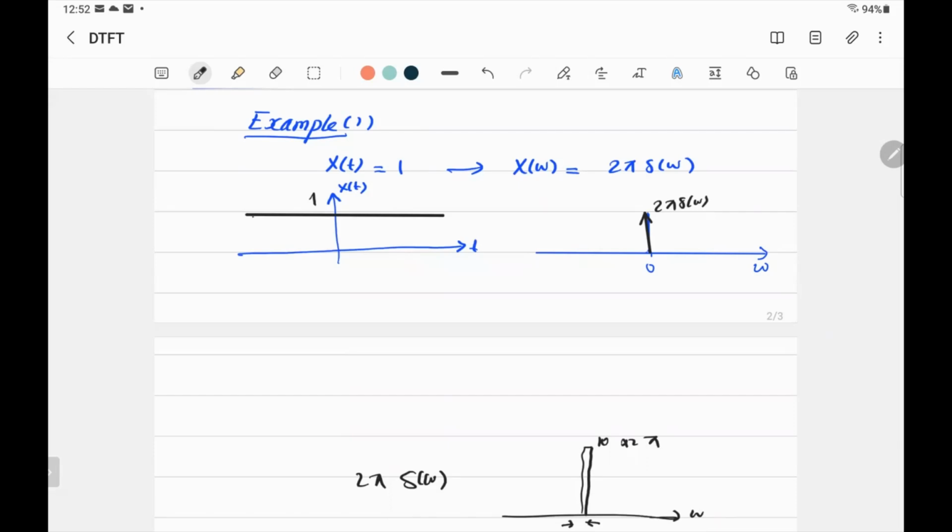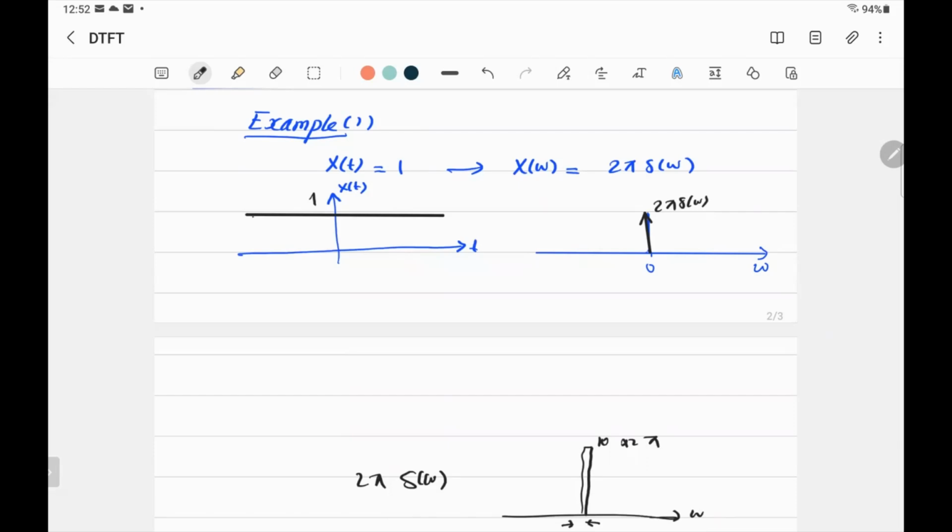Omega is frequency, right? What does it mean that the frequency equals 0? What is DC? DC, like a battery. You are an electrical engineer, right?